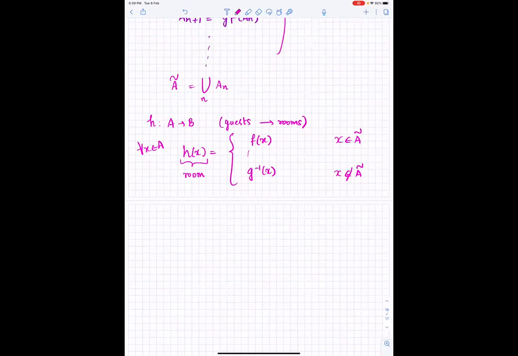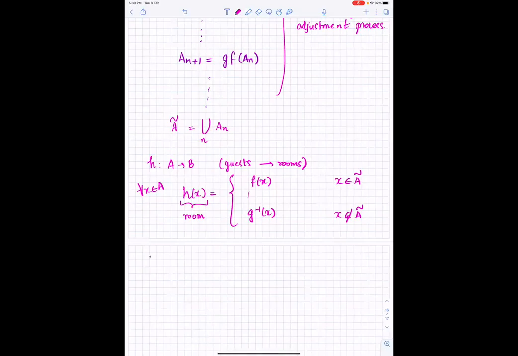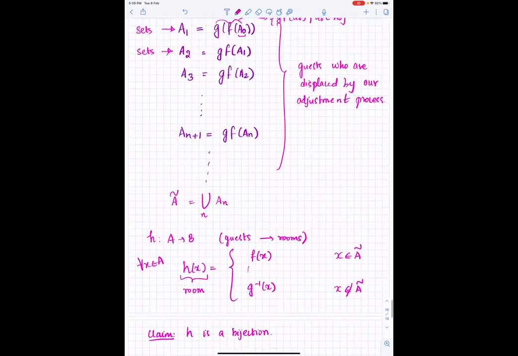So everybody agrees to this method of assigning rooms to guests. What we still need to prove is that H is a bijection. That we will take like 5 minutes to do. It's not very hard. But is the adjustment process clear?